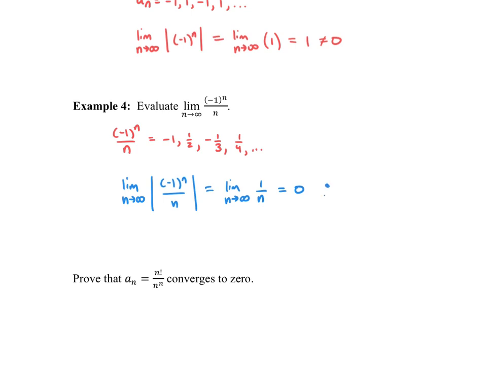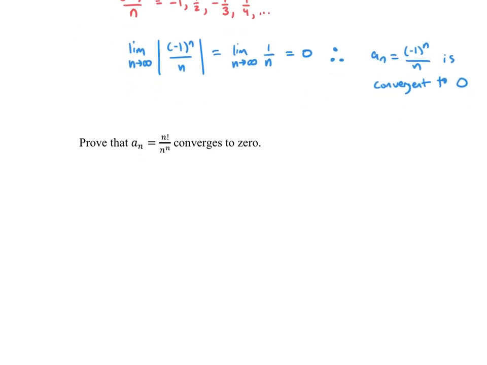And because that limit is 0, from that theorem on the previous page, theorem 4, we can say that a sub n, which is -1 to the n over n, is convergent to 0. So it converges to 0.